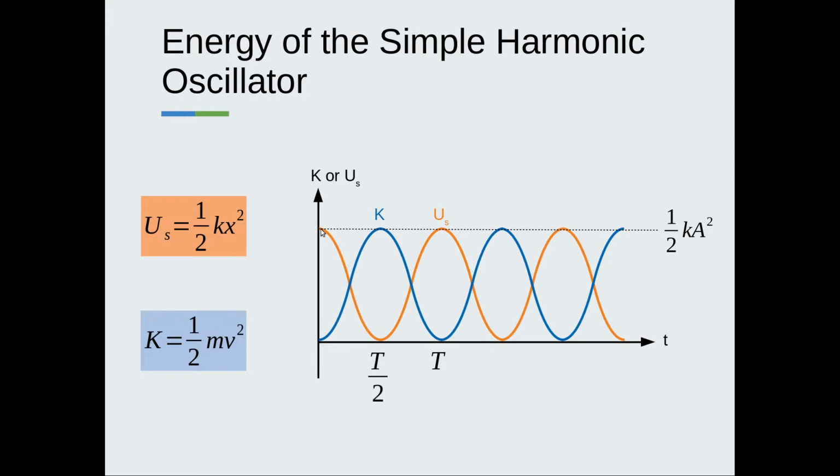So this is potential energy is maximum, and then the potential energy is converted into the kinetic energy of your mass. So the potential energy is going down and the kinetic energy is getting bigger.